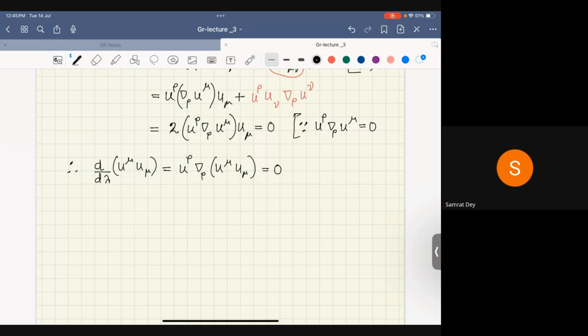So u^μ u_μ is a constant along the geodesic curve, and once it is time-like or space-like or null, it continues to remain so. Okay, so this is what I wanted to talk about, the affine parametrization and other things.